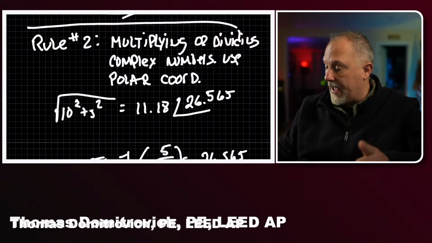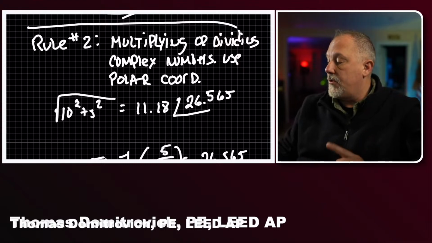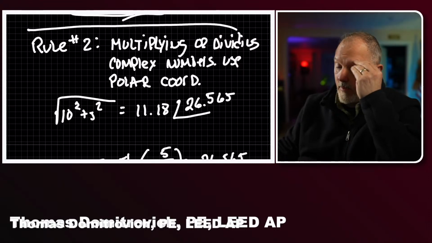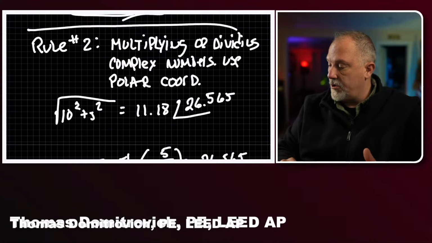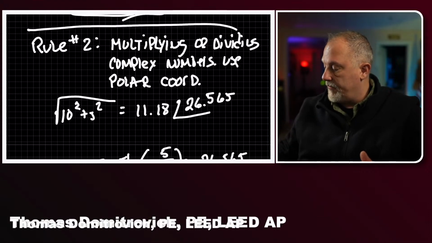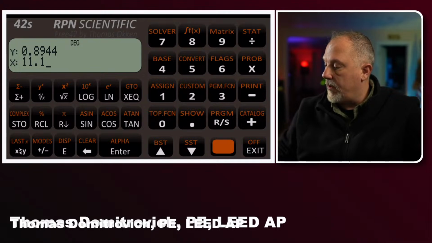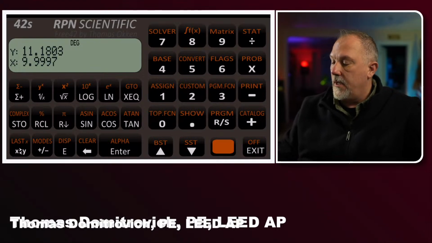If I want to check that, I could go back to my 11.18, 26.5. I do a cosine, 11.18 times that, and that's 10.